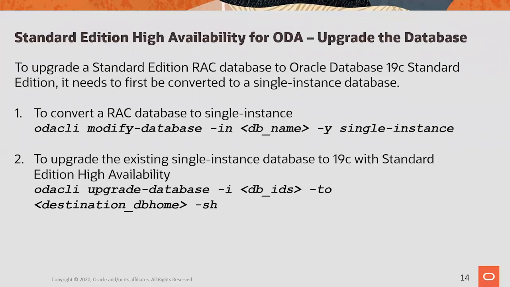And if we want it to run with high availability, we can do an ODA CLI upgrade database, and provide the tooling to be high availability. So that would give you the option to do with or without high availability. But all databases that run on 19C version of SE will have to be single instance.